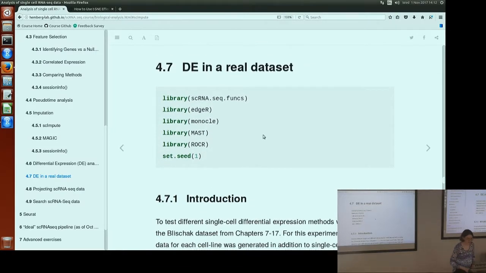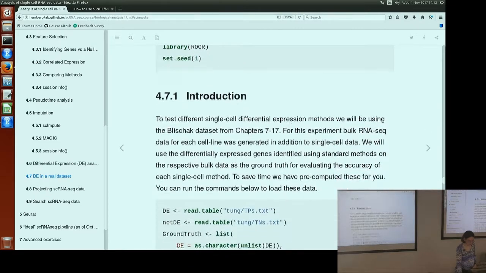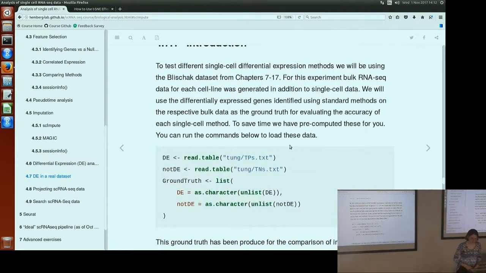So we're going to do an example of how to do this with actual methods that are available. We're going to continue using the Blischak data, the Tung data, because along with the single-cell RNA-seq data, they also generated bulk RNA-seq data for the same cell lines from each individual.